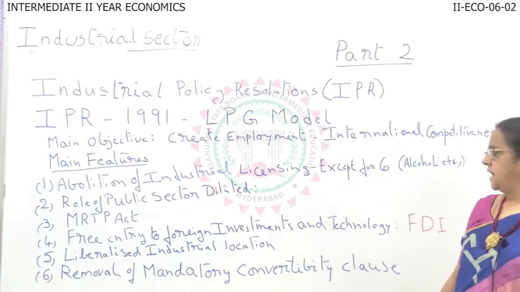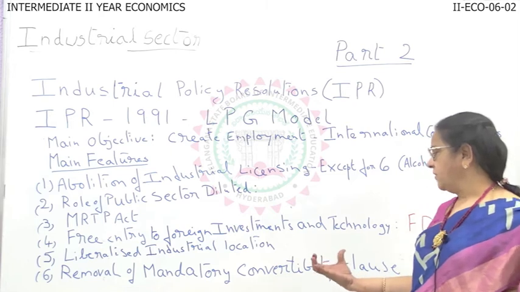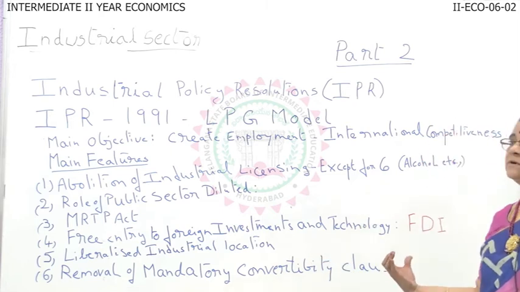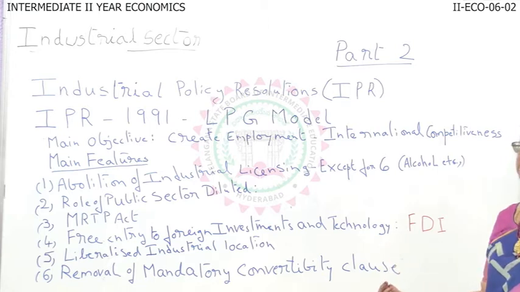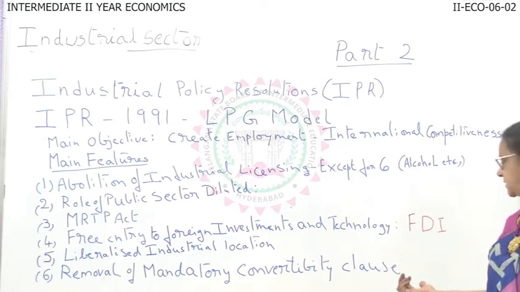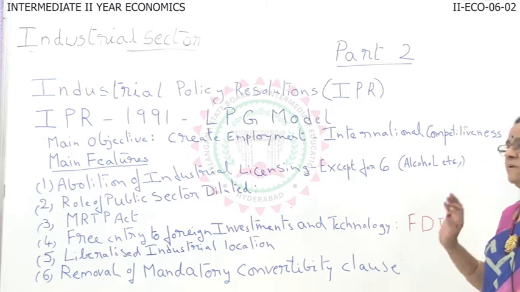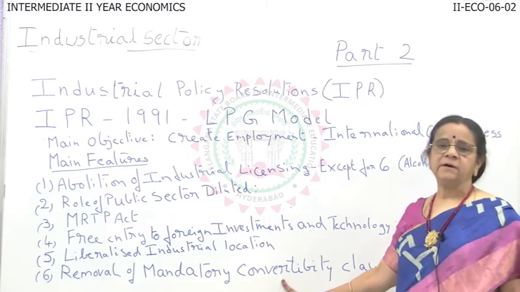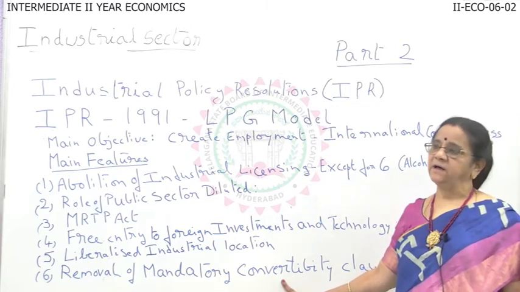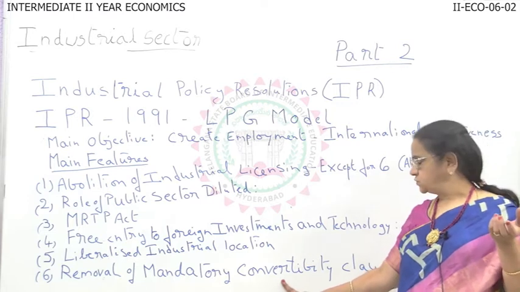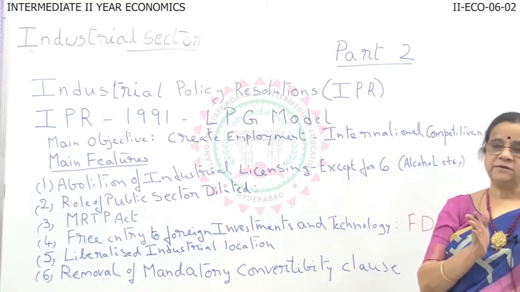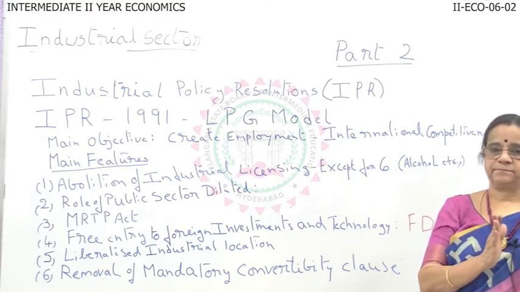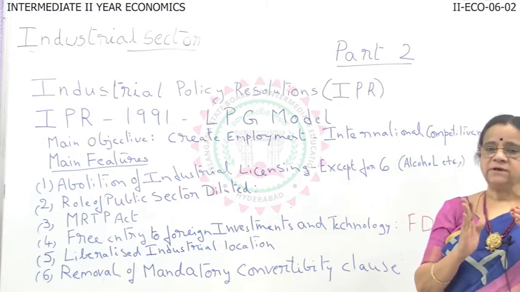Then we have removal of the mandatory convertibility clause. Before the introduction of IPR 1991, financial institutions used to convert a part of their loans into equity of the company.